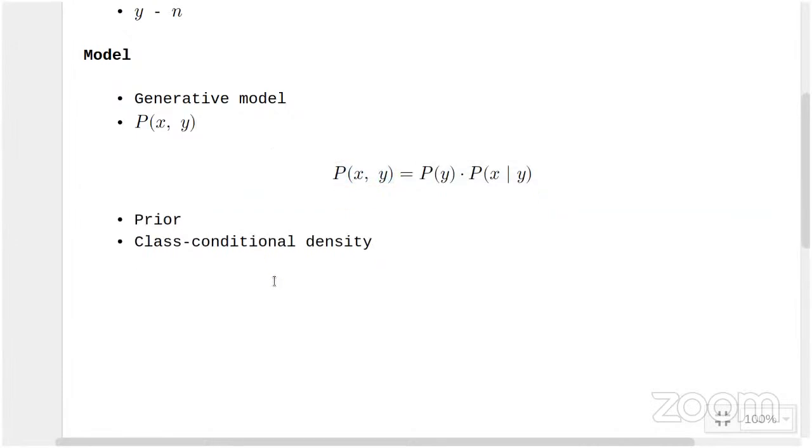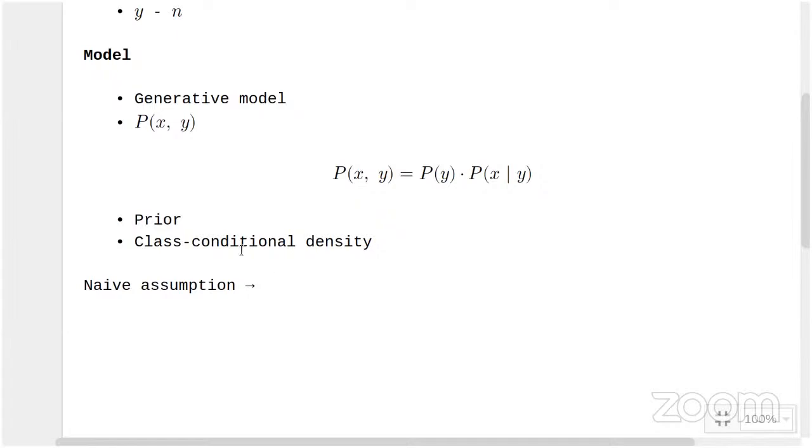And why is it called naive Bayes? Can someone tell me why it is naive? Because it makes a very naive assumption that every feature is independent of others. Okay, it's actually a very strong assumption. And what is that assumption?